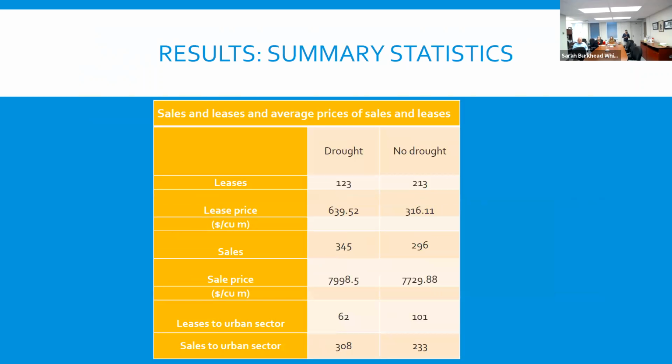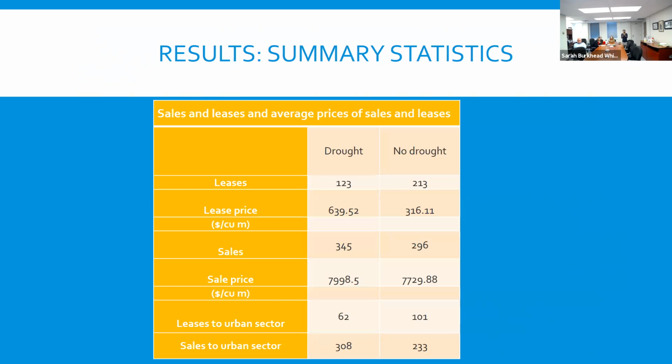This table is interesting, and I will just focus on some of the numbers here. You see the lease prices and the sales prices in the drought and no drought scenarios. The drought represents those years where we had severe or exceptional droughts in all four states. No drought represents that most of the four states had pretty much wet years.